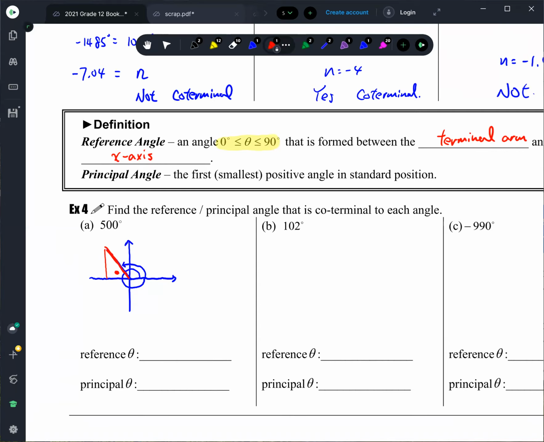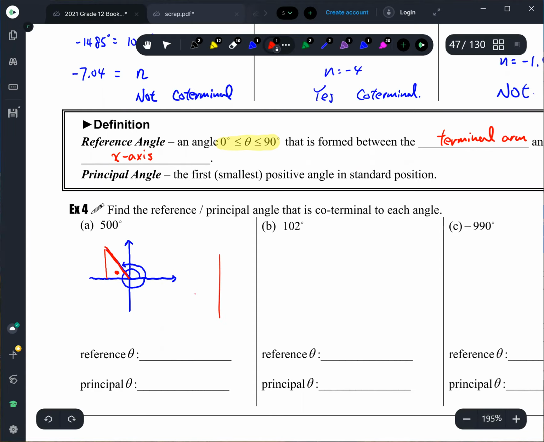I just did it to the line, and wouldn't it leave like 50 left over for the angle? How'd you get that 450? It was one full turn and I added 90, and then I just minused it. Okay, one full turn.